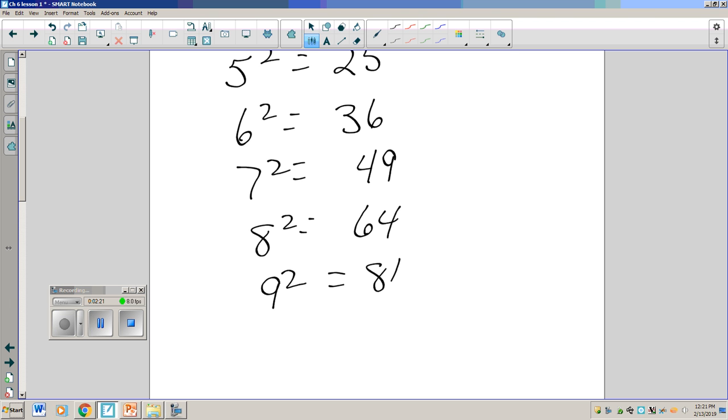And the last one going up to 100 is a 10 by 10 or 10 squared, which is 100. Make sure you have those all copied down.